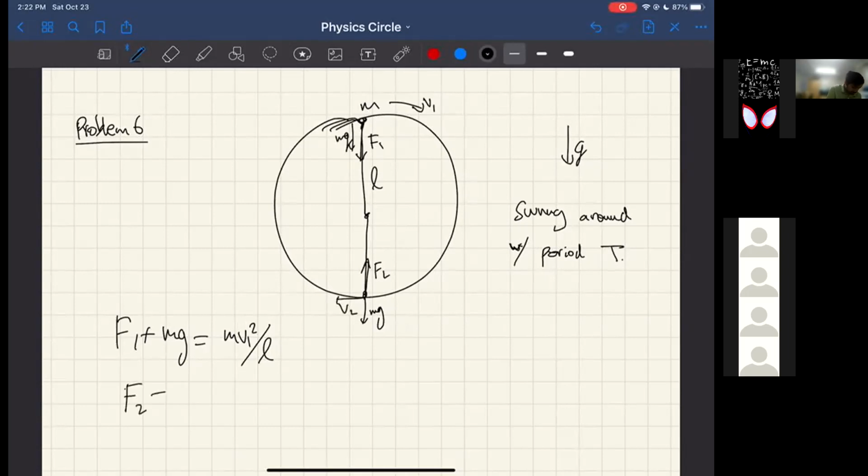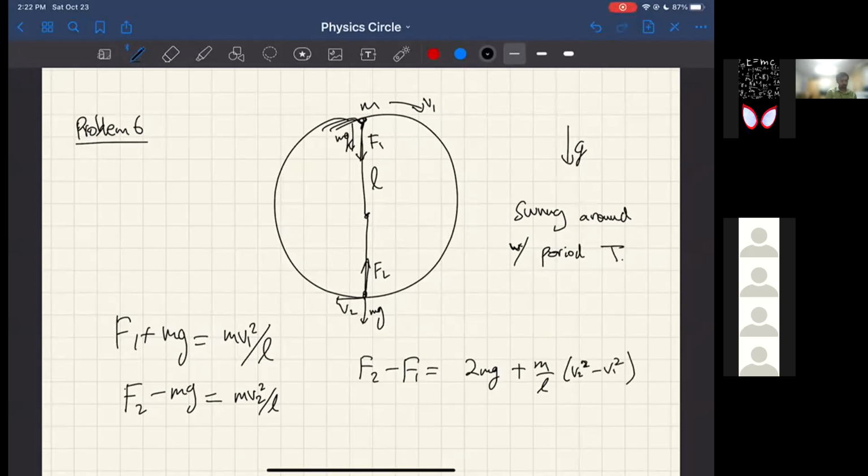Now I know F2 minus mg is m v2 squared over L. So F2 minus F1 is 2 mg plus m times the difference in squared velocities over L. But now the question is, what is the difference in the squared velocity from the top and the bottom? Does somebody know how to do that?